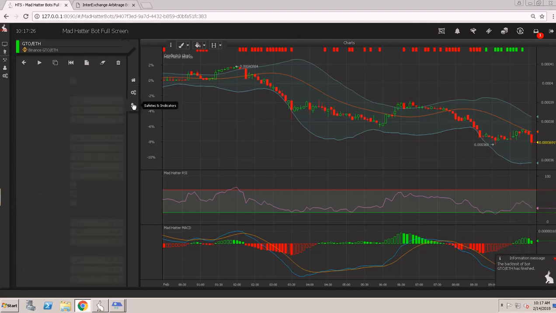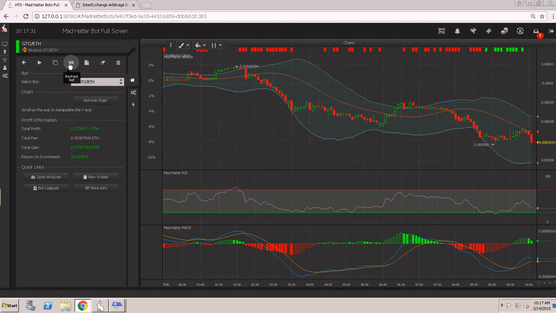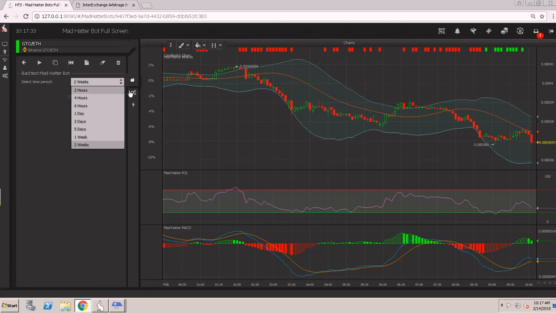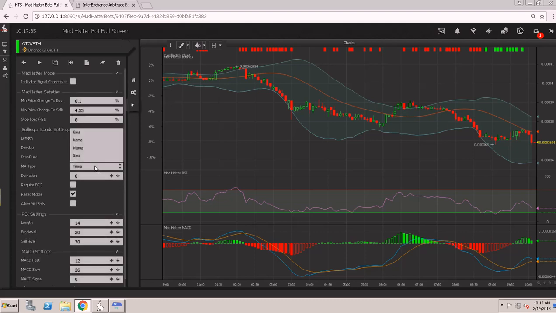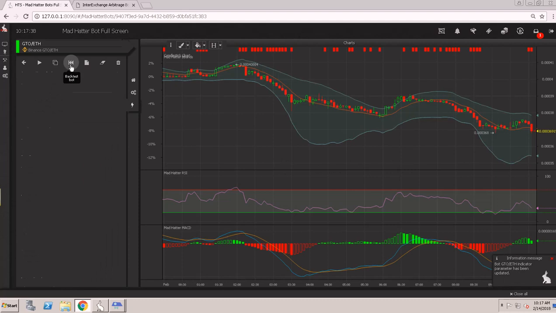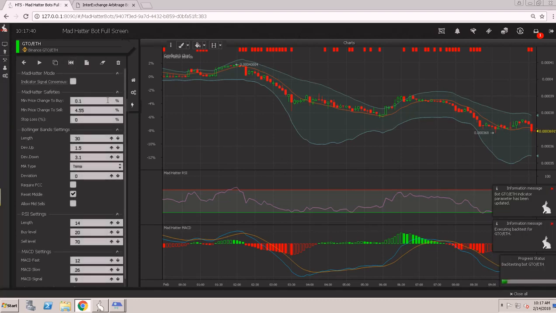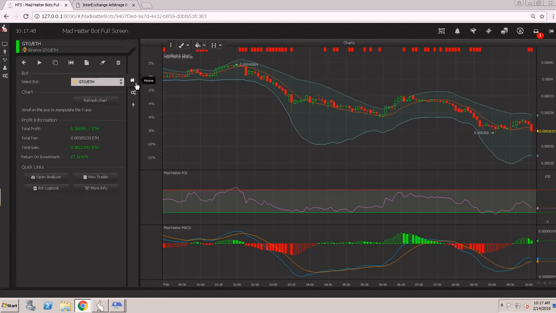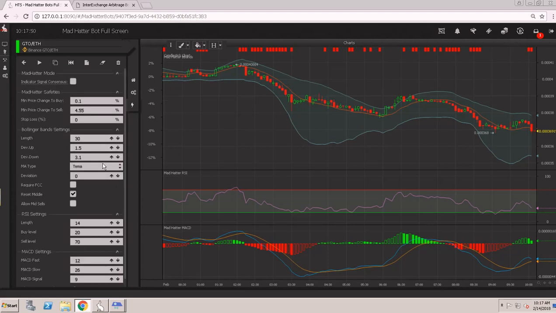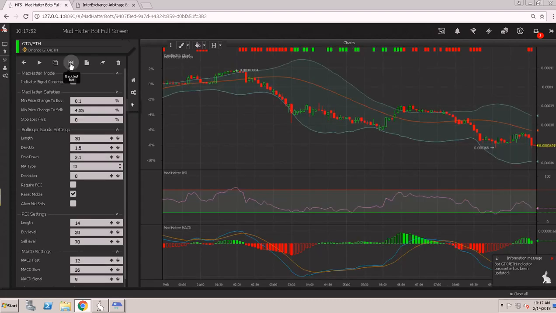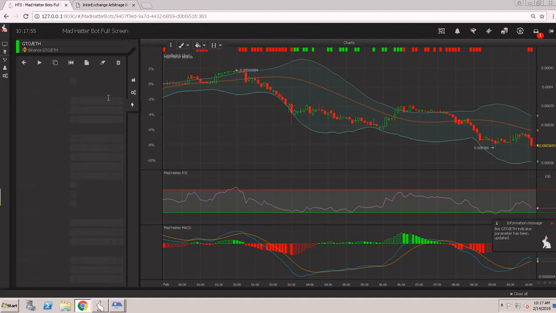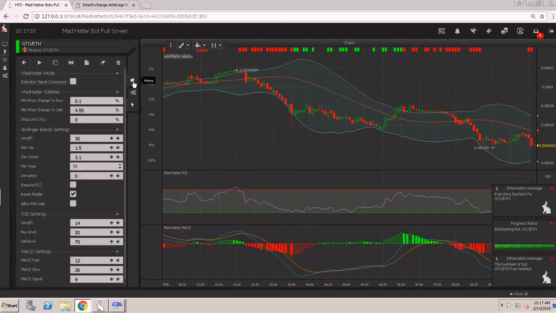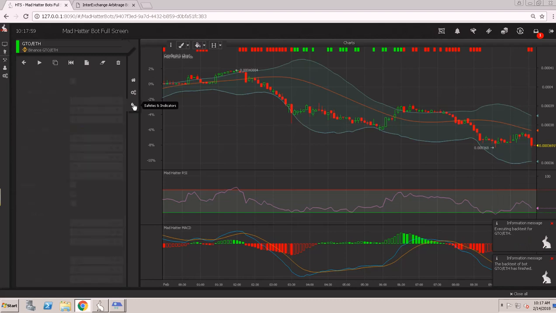Four. Yeah, that little component there. Back test. 27. 3. 18.